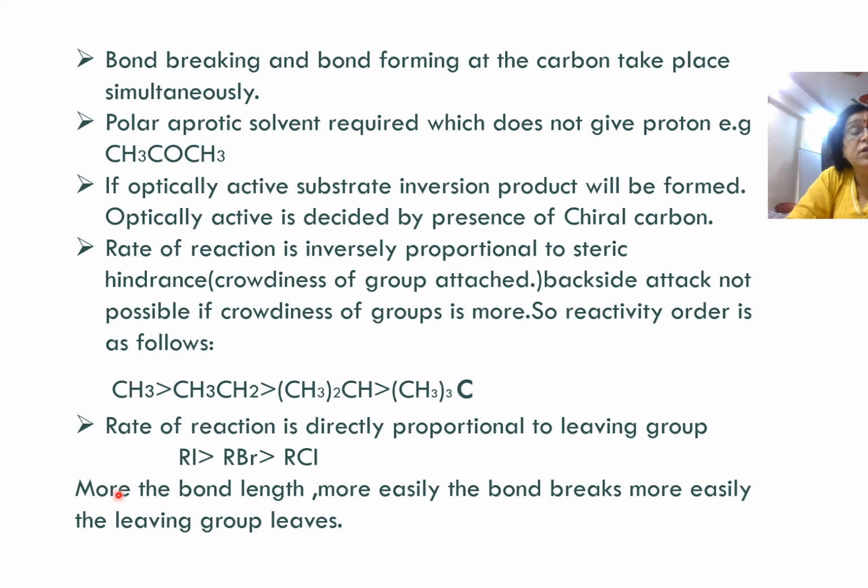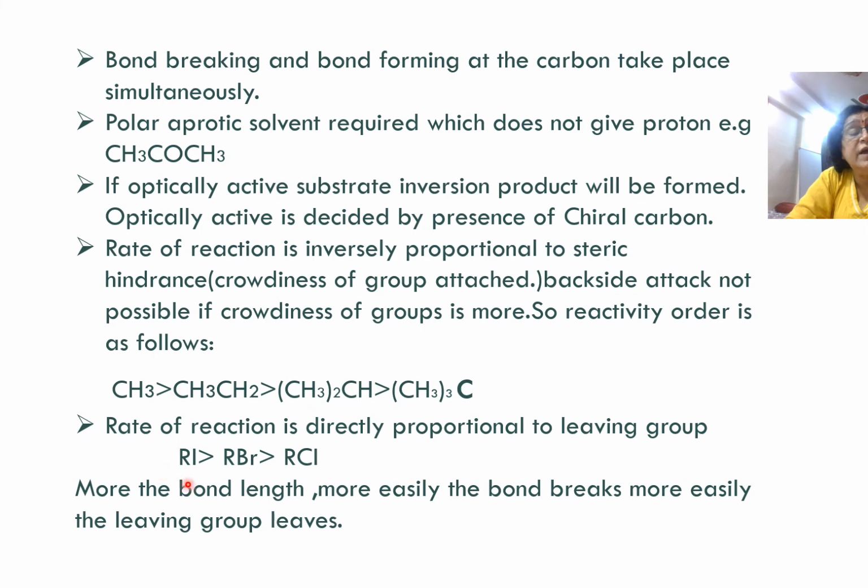Okay. Now, if you see this nucleophile, the rate of reaction is directly proportional to the leaving group ability. The more easily the leaving group leaves, the more the rate of reaction. The more the bond length, the more easily the bond will break. The maximum bond length is in RI, then RBr, then RCl.